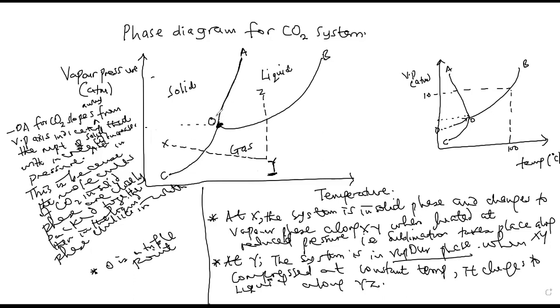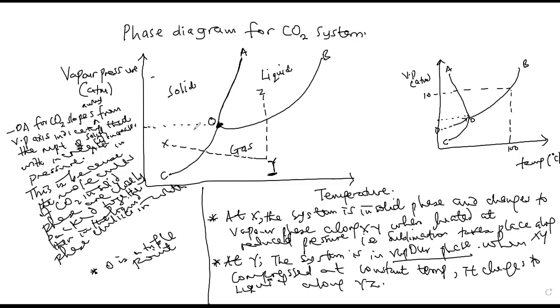So the triple point here is beyond 1 atmosphere, implying that solid carbon dioxide does not pass through the liquid phase to change to vapor. In other words, it just sublimes. That is all about carbon dioxide.